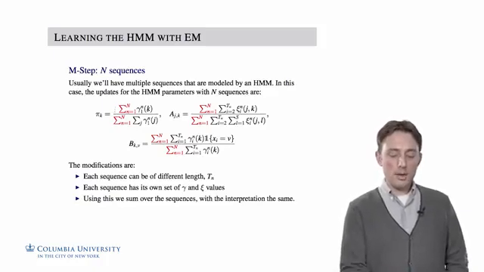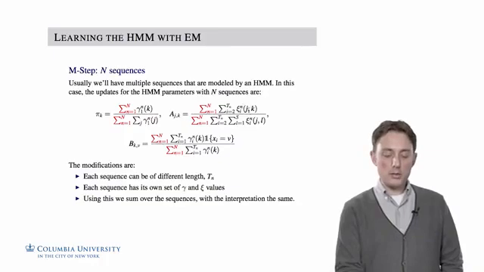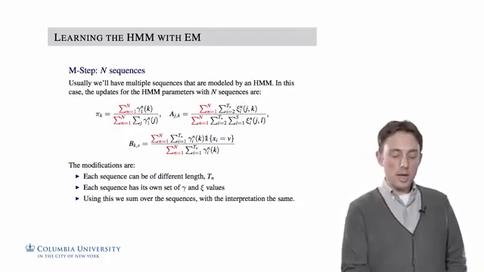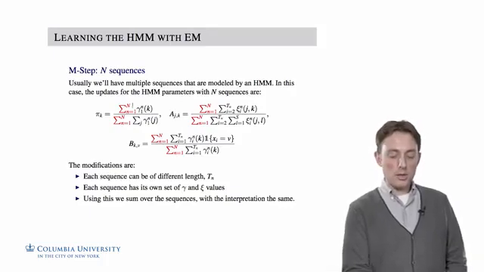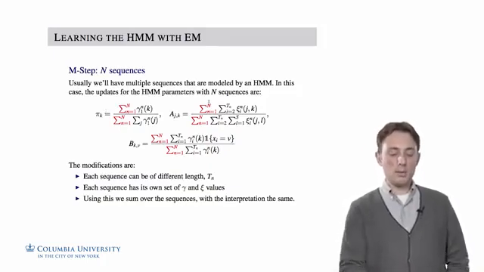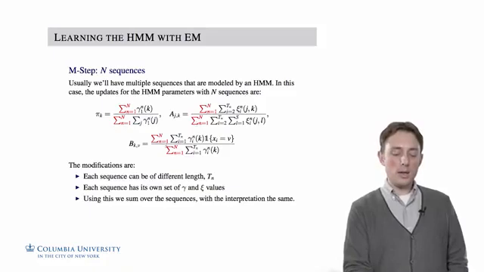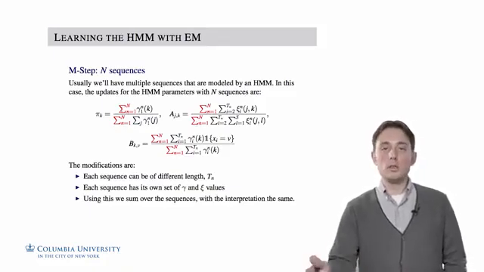So here we have a conditional posterior distribution of transitioning from state j to state k at time i in the nth sequence, and we have a conditional posterior of being in state k at time i for the nth sequence. We sum these things up over each individual sequence, and then normalize, and we get something like this. Here in red, I'm showing that we now simply sum these values over each sequence.